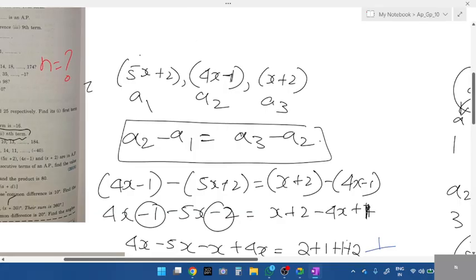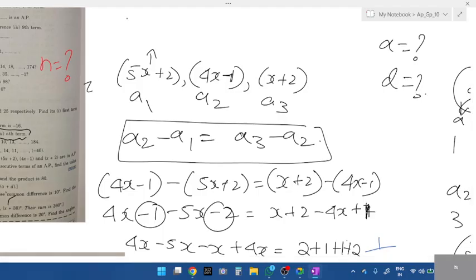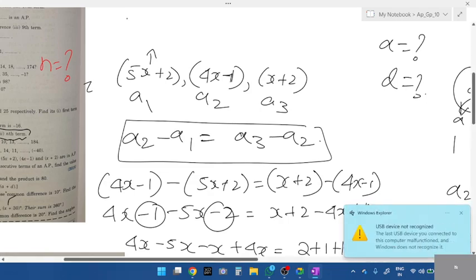Okay, now we got k as 3, students. What are the numbers? Substitute 3 here. What do you get? What if they ask you to find the a value and d value? How do you find a and d? Substitute 3 here. 3 5s are 15, 15 plus 2 is 17. Next, tell me the next one. Substitute 3. 11, right?